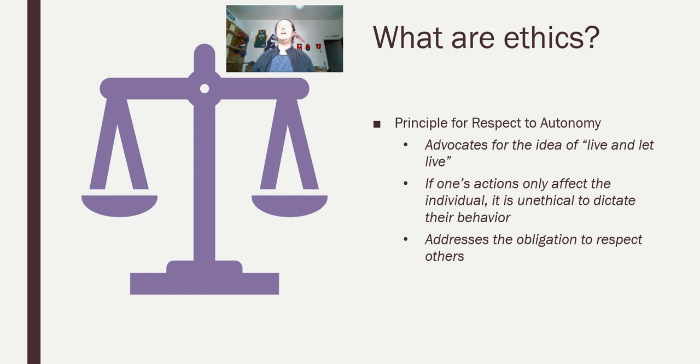So if someone doesn't use the exact same brand of toothpaste that you do, if you aren't paying for the toothpaste, if you haven't asked to use the toothpaste, if you're just a guest in their bathroom for 30 seconds, just let the person use whatever toothpaste they want. So that is the principle for respect to autonomy.